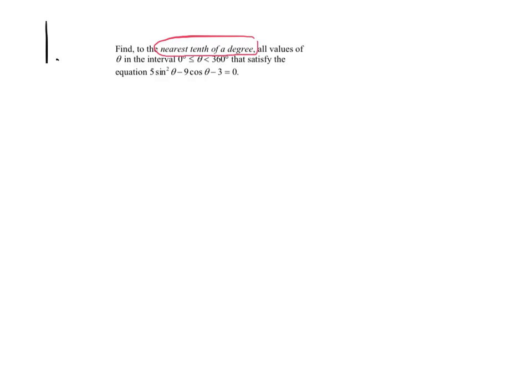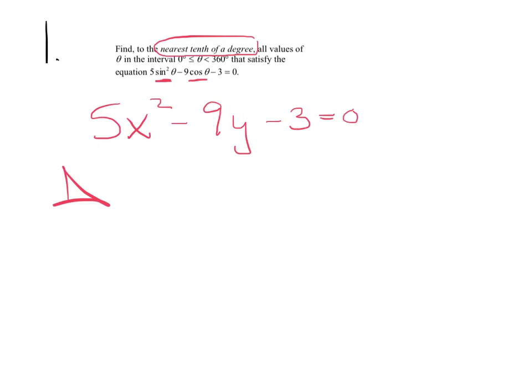We have a sine squared and a cosine. That's like solving the equation 5x squared minus 9y minus 3 equals 0. Well, you can't factor that, and you can't use the quadratic formula. You don't have the same variable. So our whole trick is we need to see the same trig function.